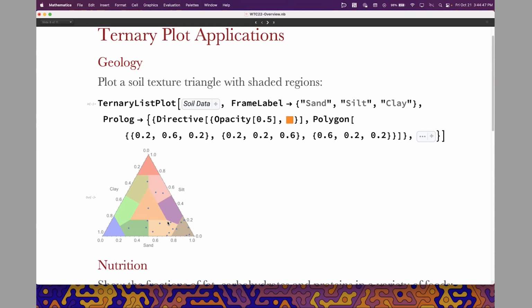I'm not a geologist, but each of these regions has names for different types of soil that may be important to somebody in agriculture or mining or water hydrology applications, where they want to know how fast water is going to drain, and how stable it is going to be under whatever conditions.